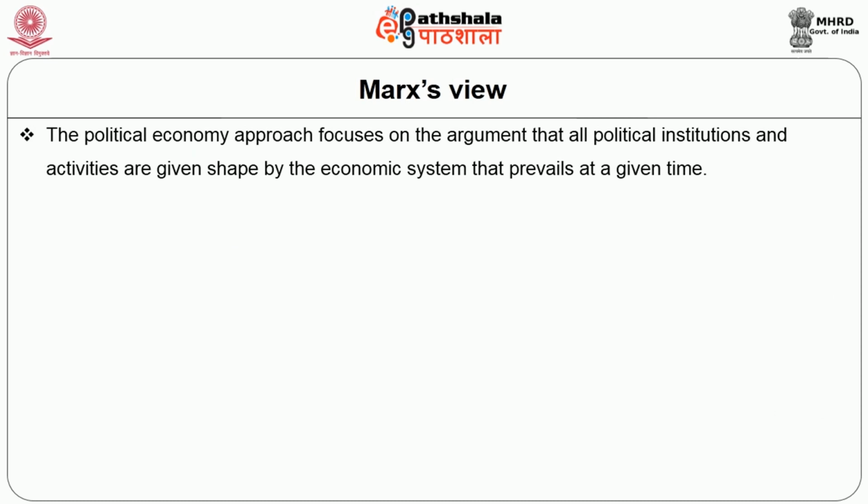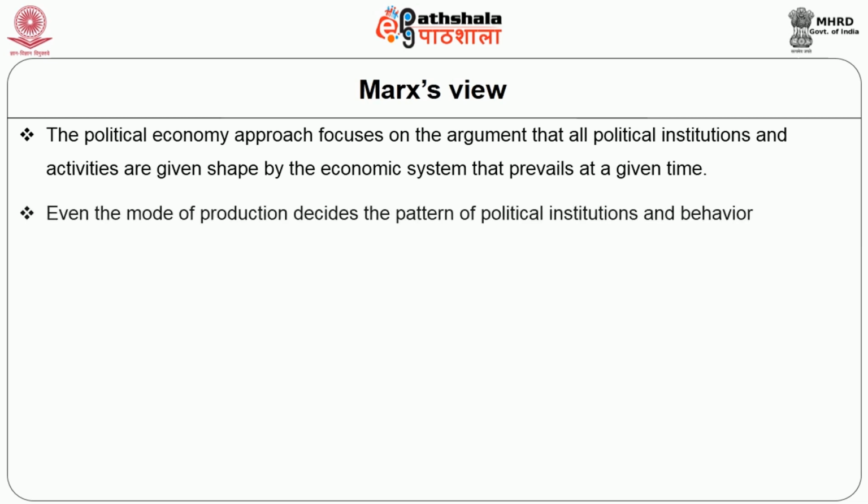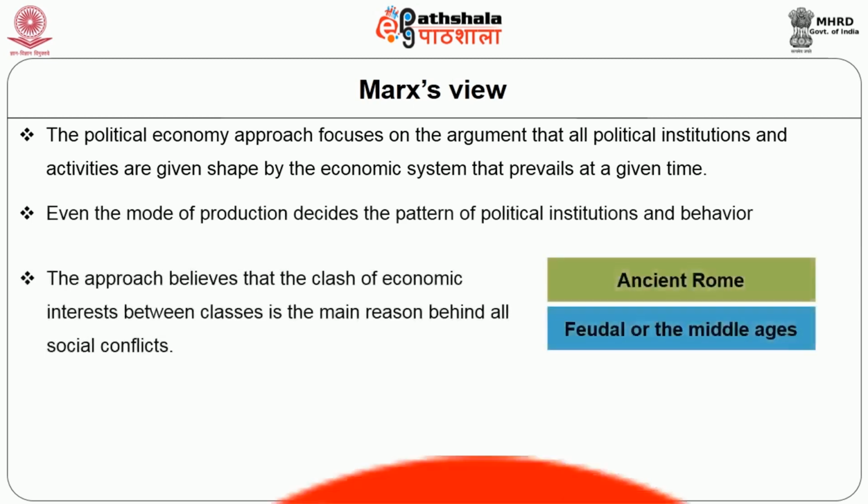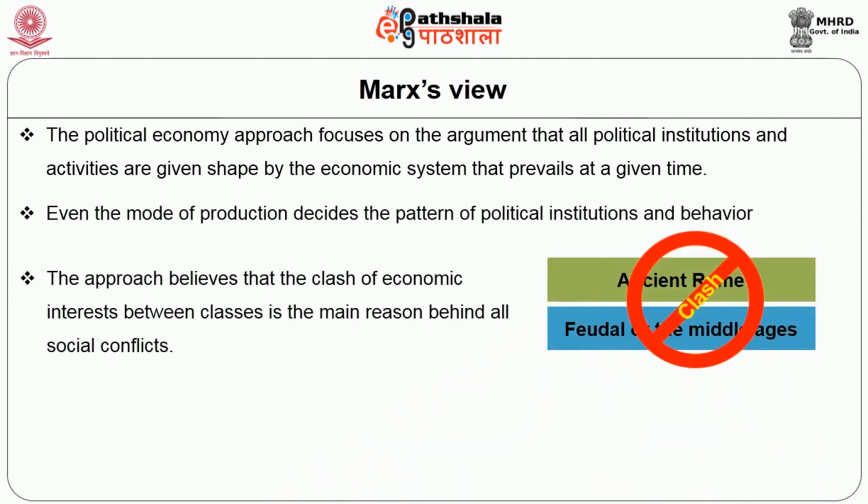The political economy approach focuses on the argument that all political institutions and activities are given shape by the economic system that prevails at that time. Even the mode of production decides the pattern of political institutions and behavior. The approach believes that the clash of economic interest between classes is the main reason behind all social conflicts.